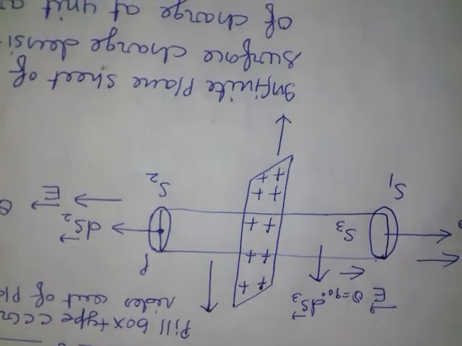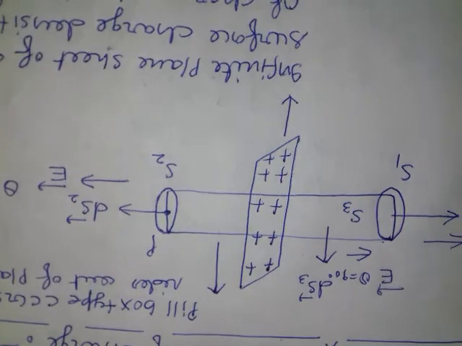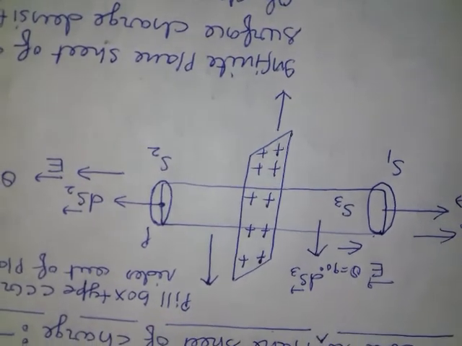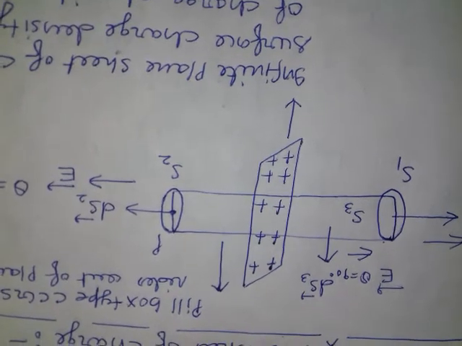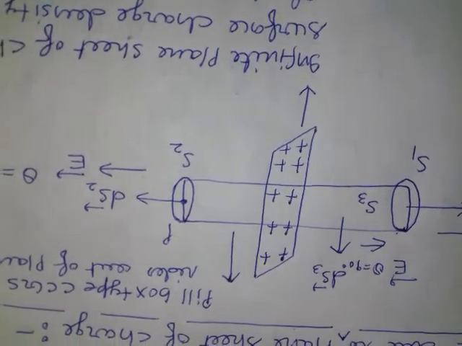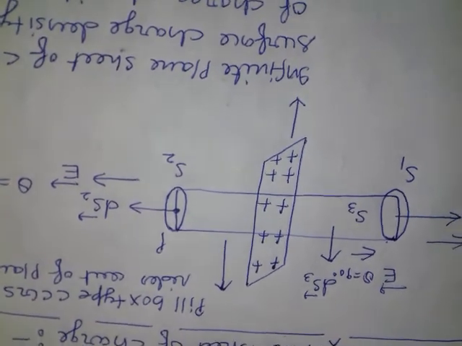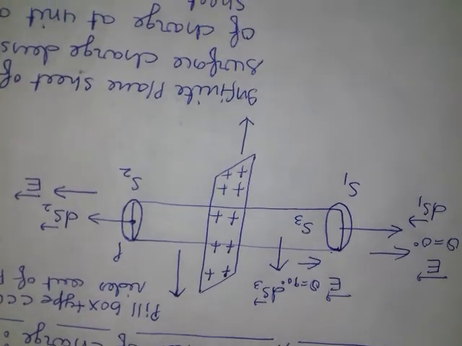This type of cylindrical Gaussian surface is known as pillbox type. You see, the cylinder is passing through the plane sheet of charge, half from the right and half from the left.